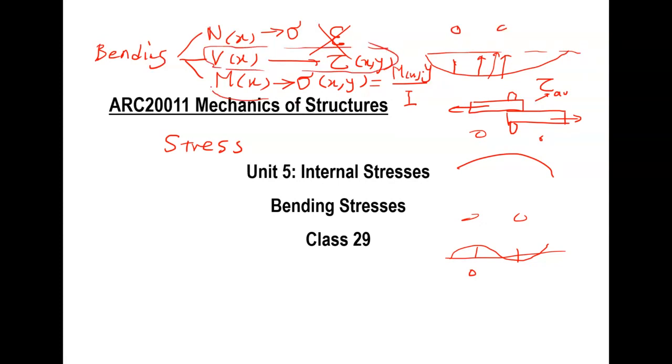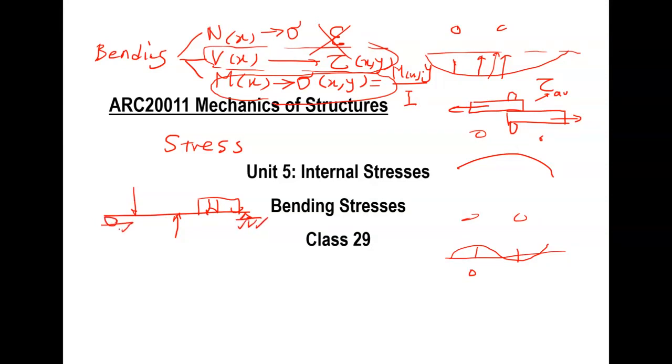But for today, we want to zoom on internal stress, normal stress due to the bending. And then we want to do some calculation. The key is, if I give you a bending scenario, so this is a bending scenario, for example, some distributed load here, some point load here, some reactions, right?